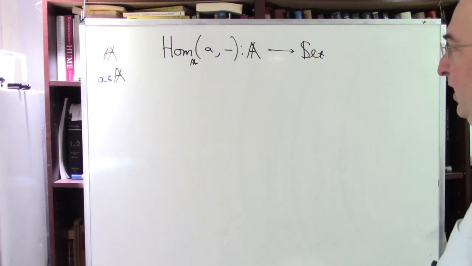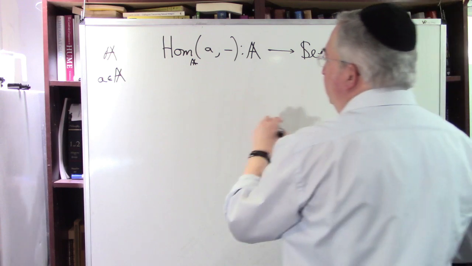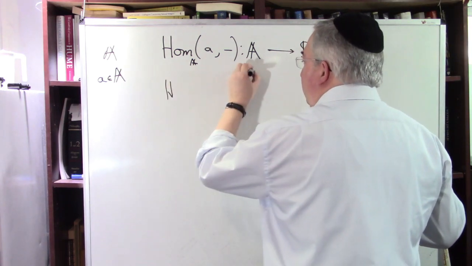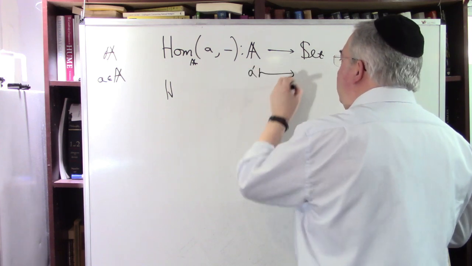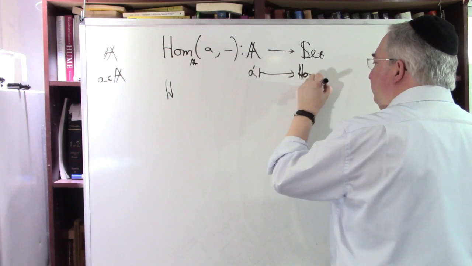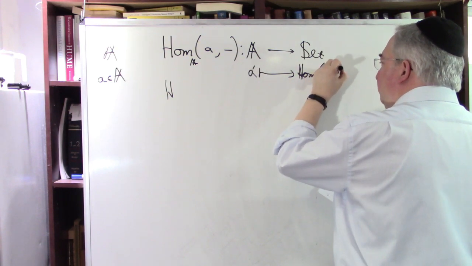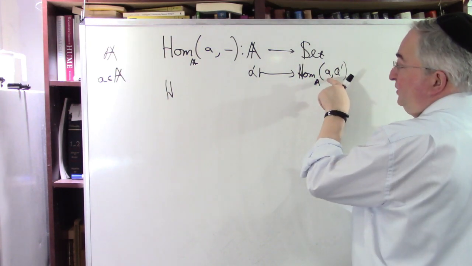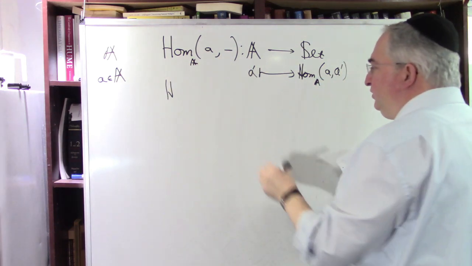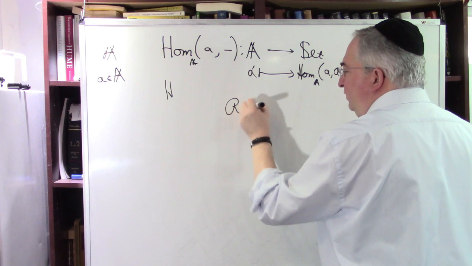I'm not interested in that. But the main point is, given another guy in here called A prime, then A prime goes to Hom sub A of A comma A prime. This is the set of all morphisms in this category from A to A prime. Such a functor is called a representable functor.